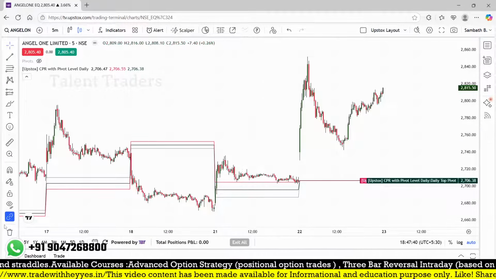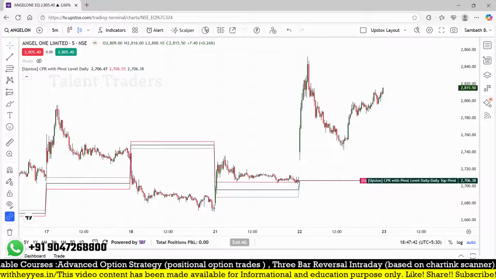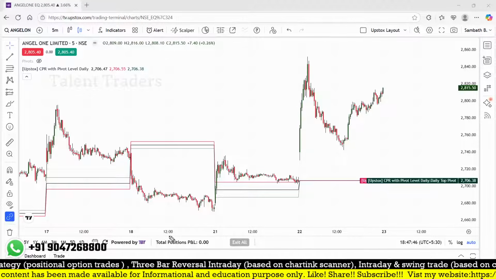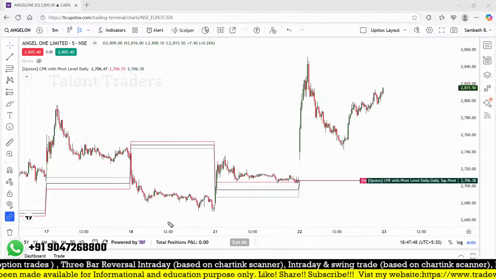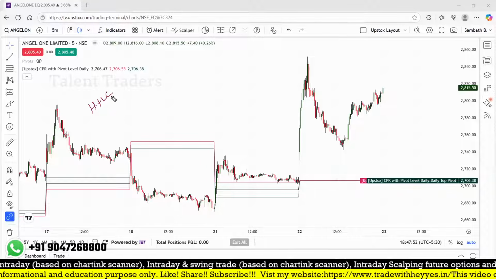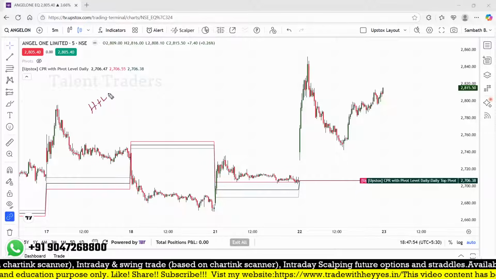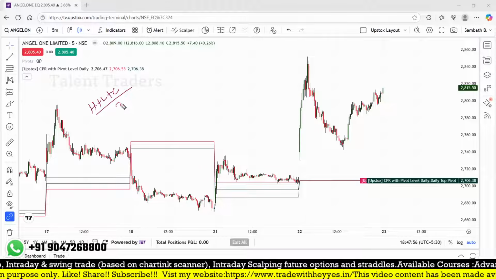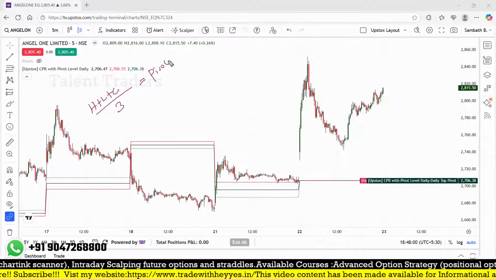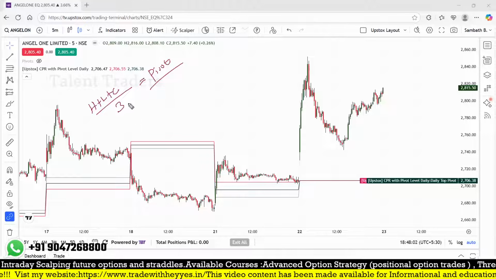Before going to that, this is about the calculations from the previous day high and low. The pivot point is calculated based on high, low, close divided by 3. In this case also it is the same pivot point. So how are these levels calculated from the previous day's high, low?